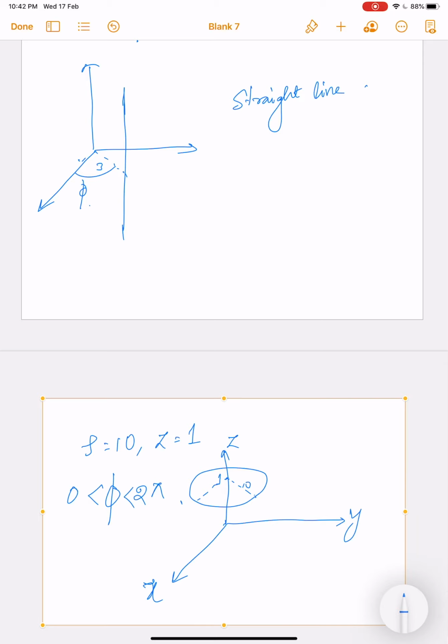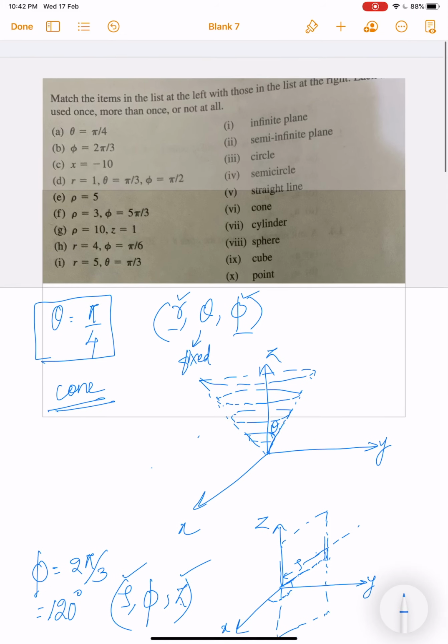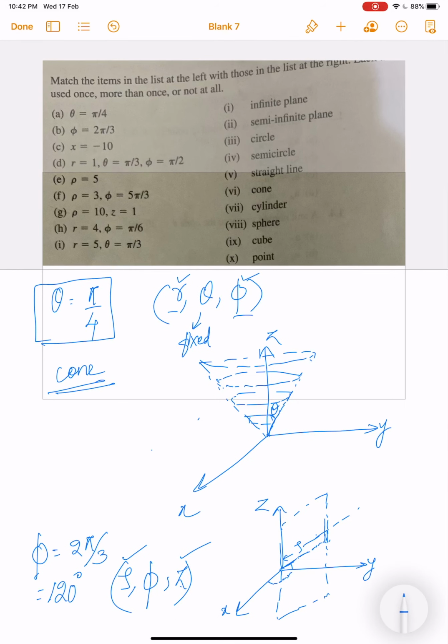So basically you're getting a circle with radius 10, and the center is at z is equal to 1. Let's see if it's in the options. Yeah, in the third bit you have a circle.